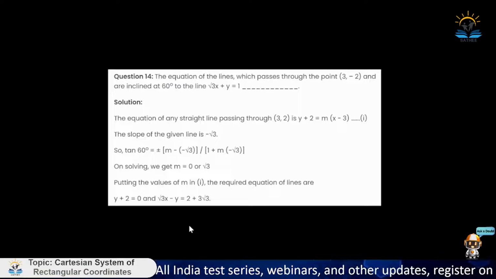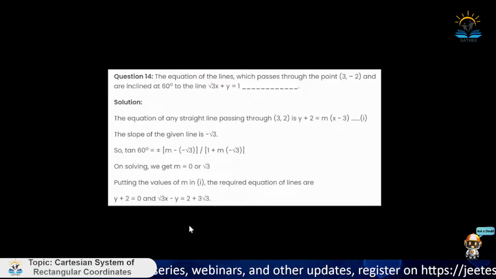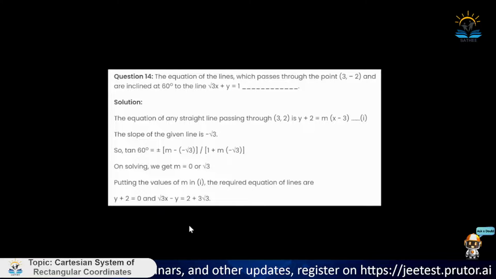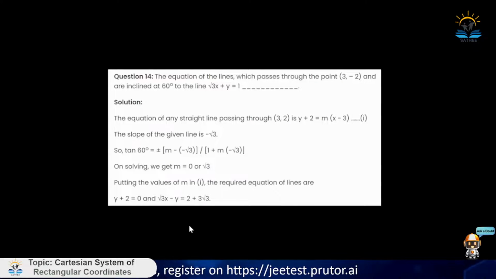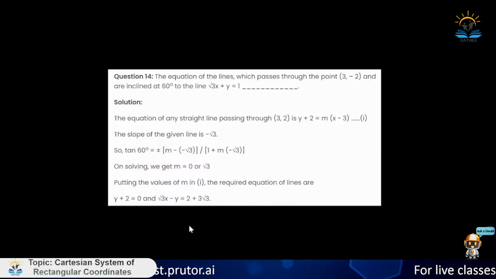The equation of the lines which pass through the point 3, minus 2 and are inclined at an angle 60 degrees to the line root 3x plus y equal to 1. So we know that tan alpha equal to plus or minus (m1 minus m2) by (1 plus m1 m2).